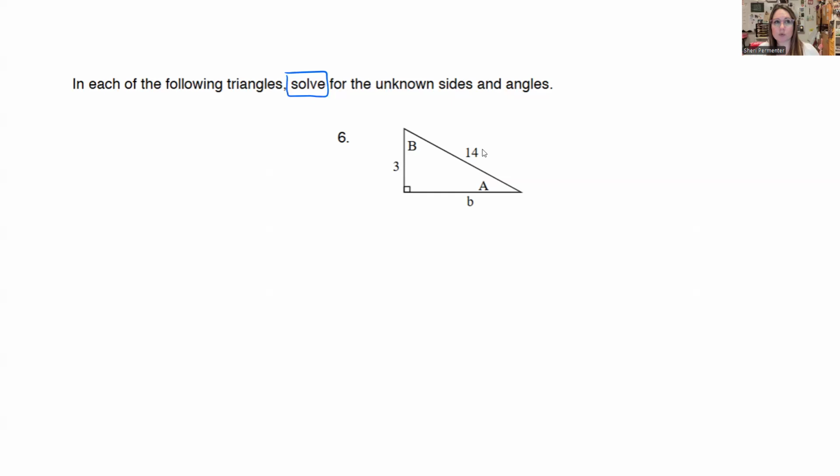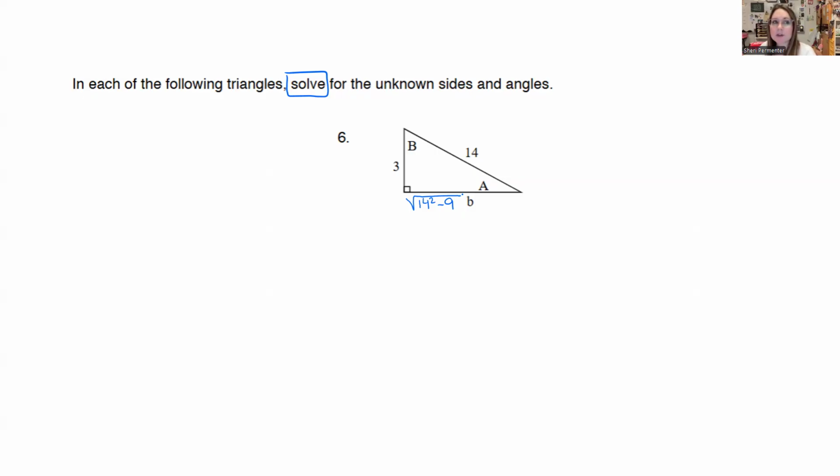I only see 2. Can I easily figure out this one? Yeah, let's do Pythagorean theorem again. So B is going to be equal to the square root of 14 squared minus 3 squared, which is 9. I don't know 14 squared. So in your handy dandy calculator, some of you have them close and you can type this in for us.